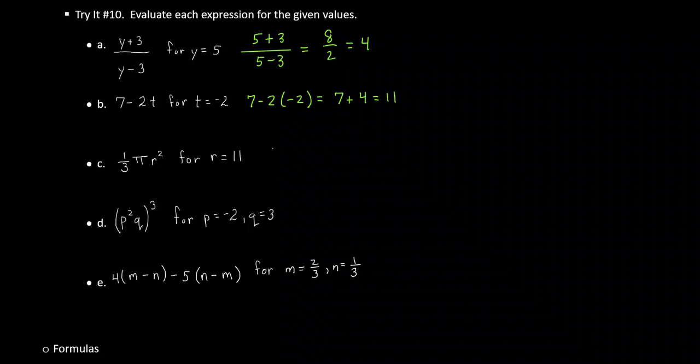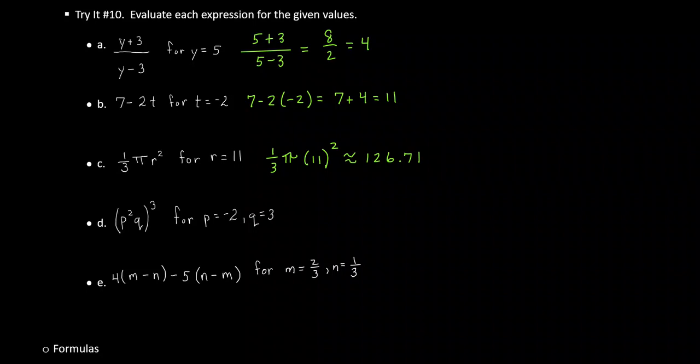The next one here, 1/3 pi, and then you have r's 11, and that's squared. So plug that into your calculator. You'll get approximately 126.71.